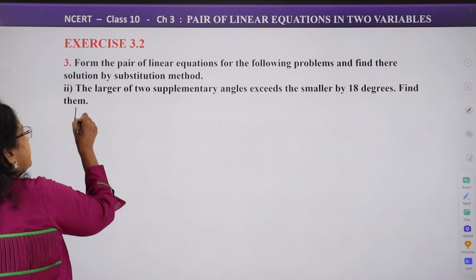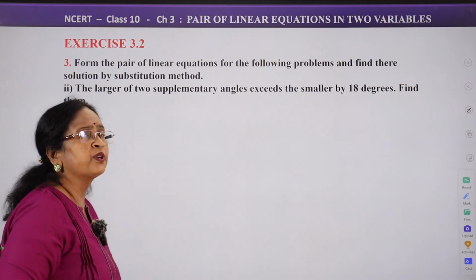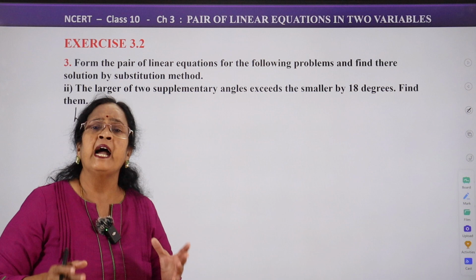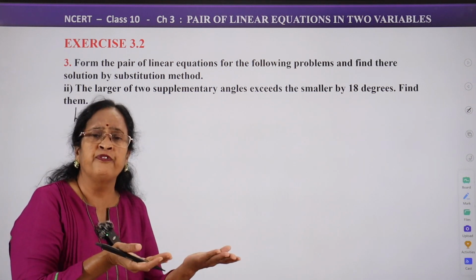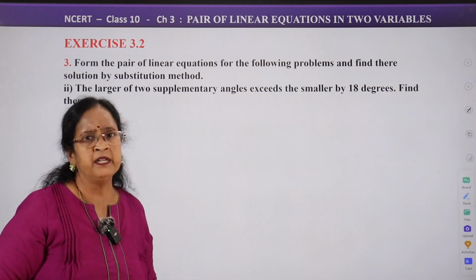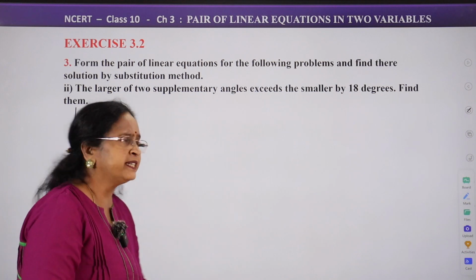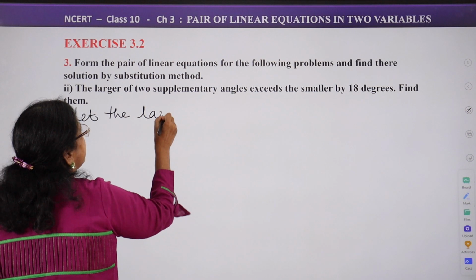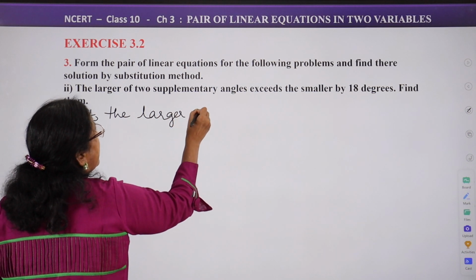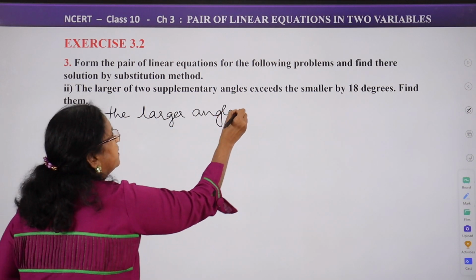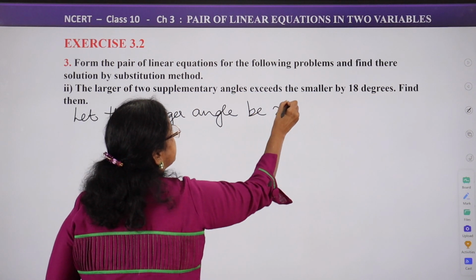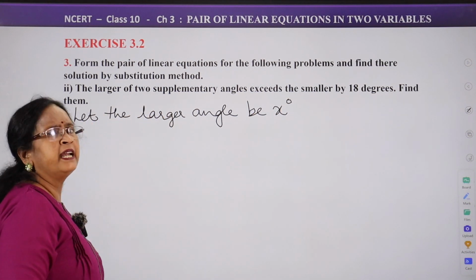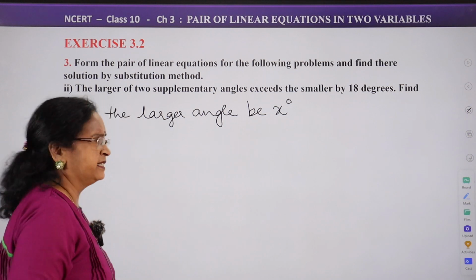The first step is to write the variables and what they stand for according to the statement given. So let the larger angle be x degree. Why degree? Because they are angles.